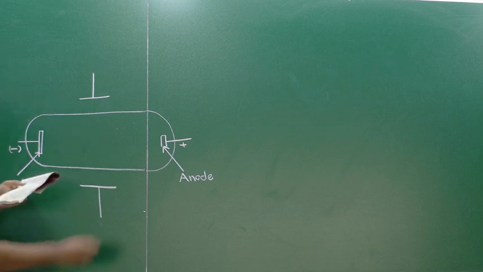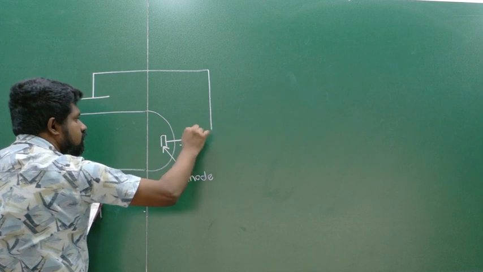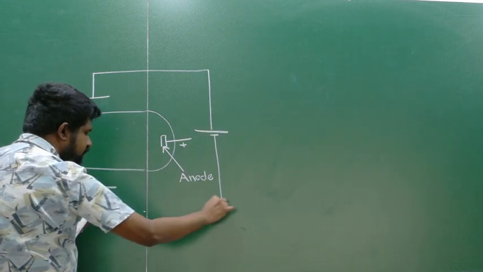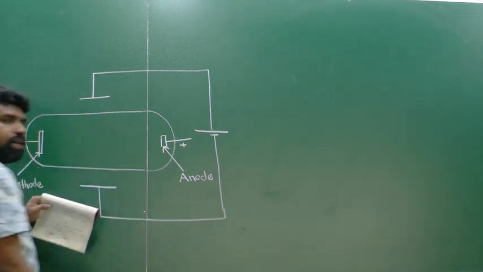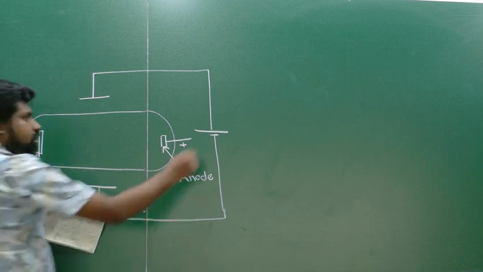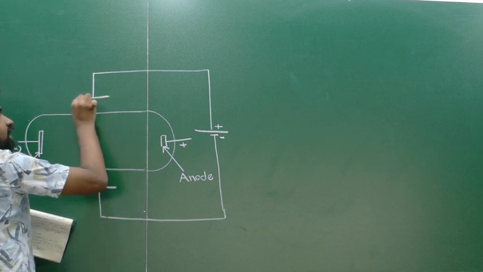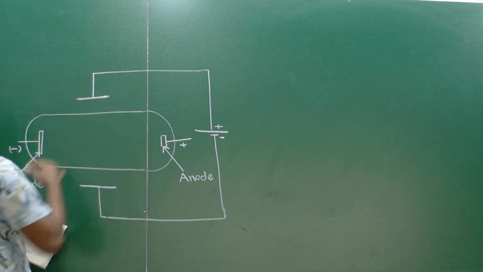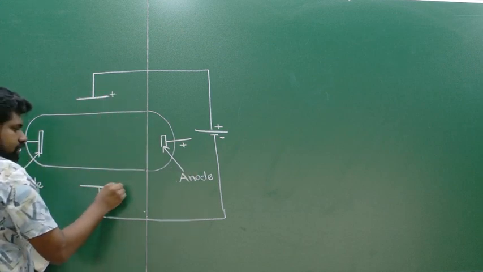Then he connected them to an external supply, a battery. As this metallic plate is connected to the positive terminal, it gets a plus charge, and the other gets a minus charge.